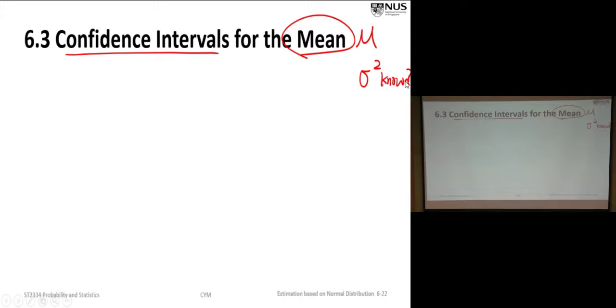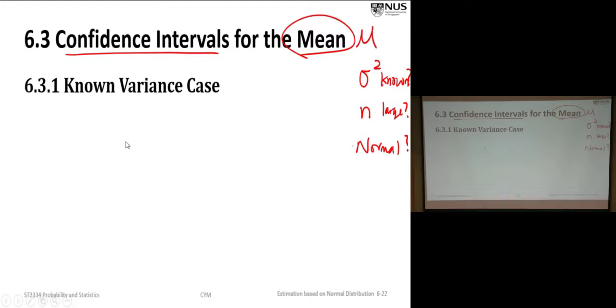And second, whether the sample size is big or not. Of course, the third one is whether the underlying distribution is normal or not. These are a few things that you have to pay attention to in order to pick the right formula.